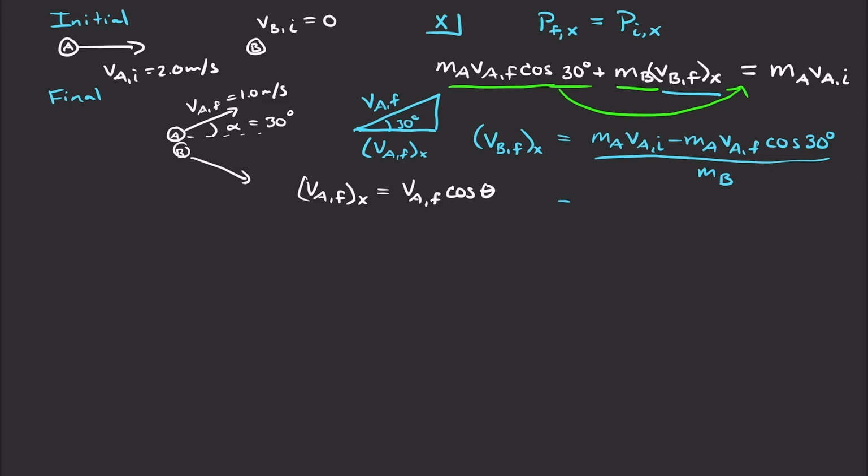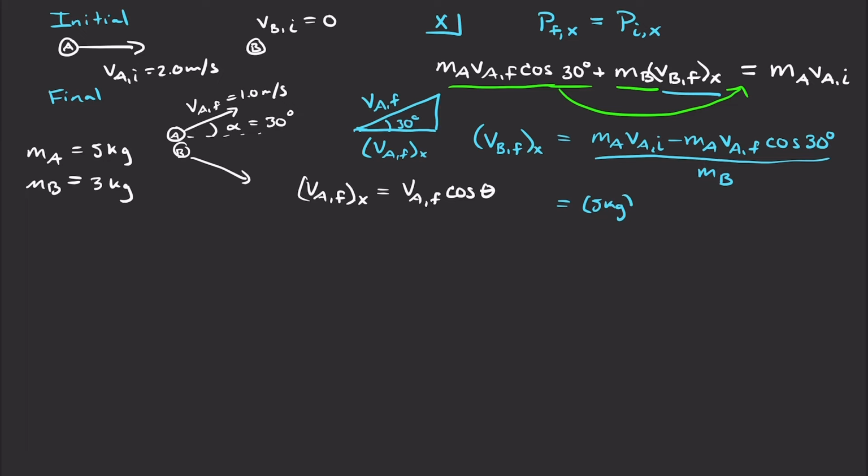Okay, so now if I plug numbers in, I get the mass of A, which is also given. Mass of A is 5 kilograms, mass of B is 3 kilograms.